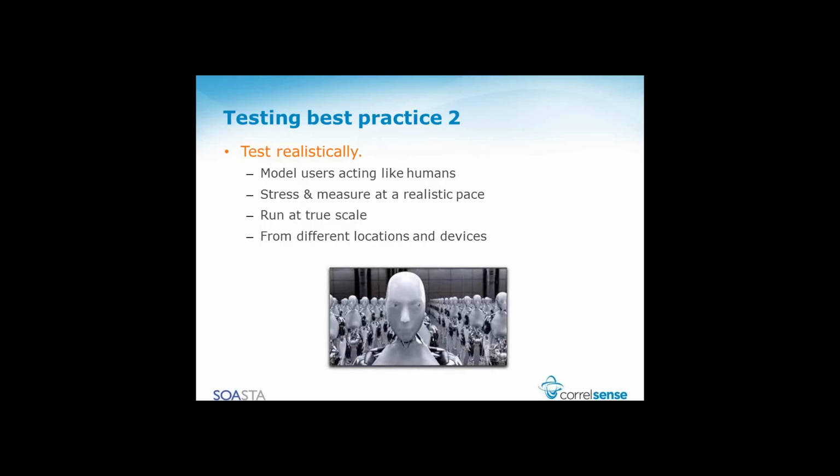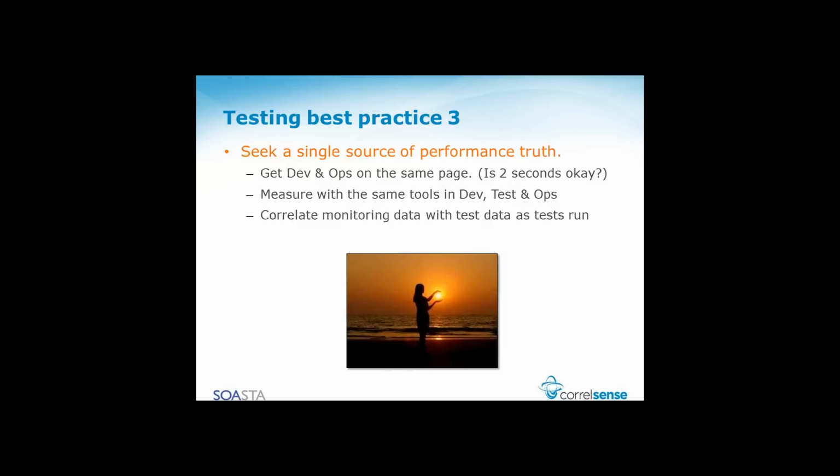And finally, as we move forward, we need to be able to seek a single source of performance truth. The greatest example we have of that is a common situation where somebody's using some limited end-user monitoring solution where they capture a response time of 2.5 seconds, and alarms go off, and the entire ops team starts reacting and going overboard and trying to figure out what happened, what went wrong, how is this possible?